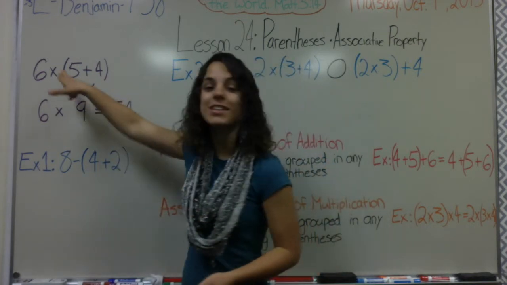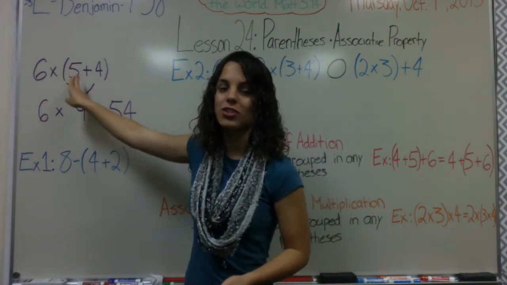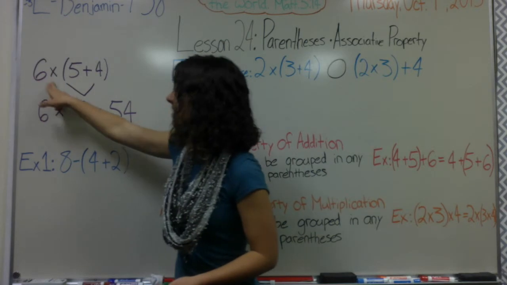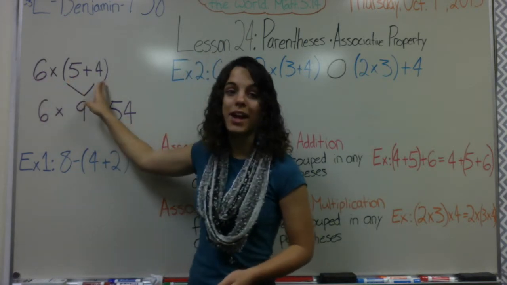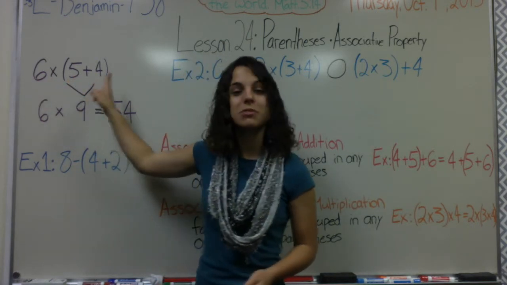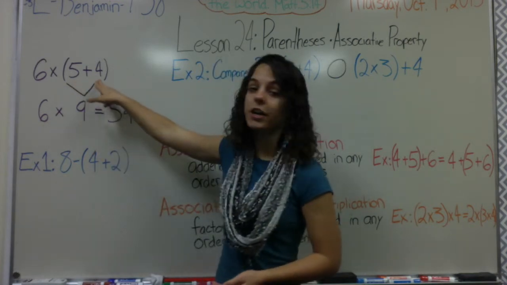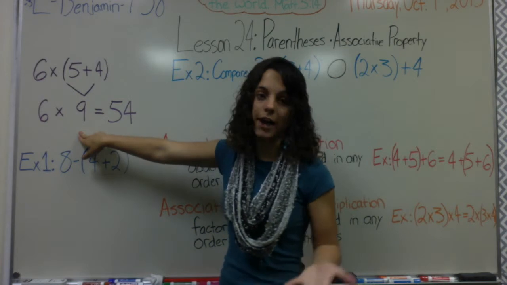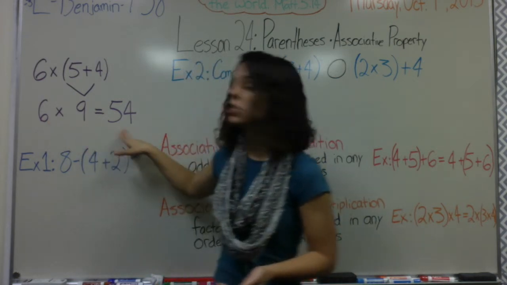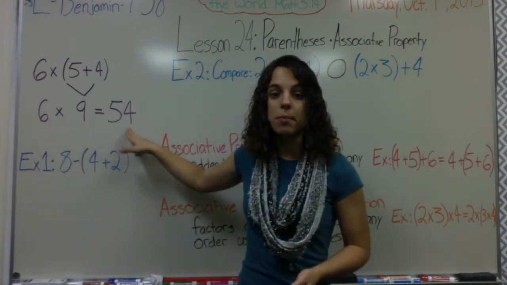So parentheses always go first. If I were to solve 6 times 5 first, then add 4, my answer would be completely different, which is what you don't want. So you're going to do 5 plus 4 first, which is 9, and then you do 9 times 6, which equals 54. That would be your correct answer.